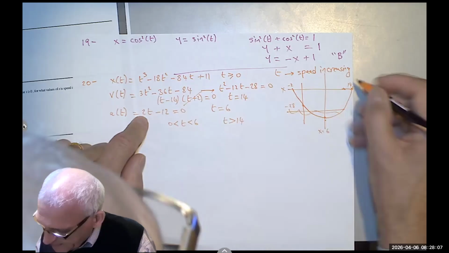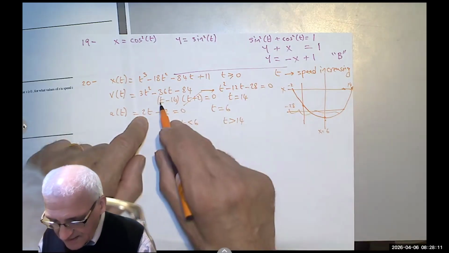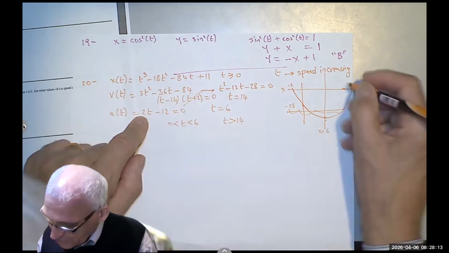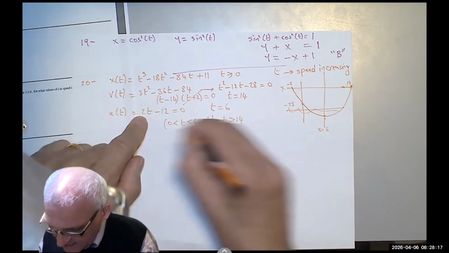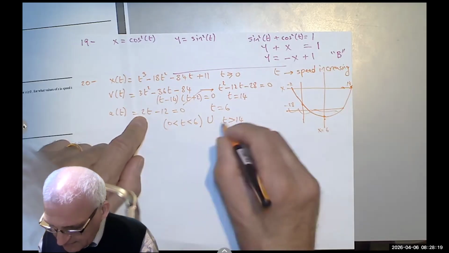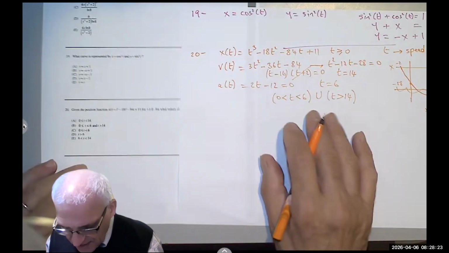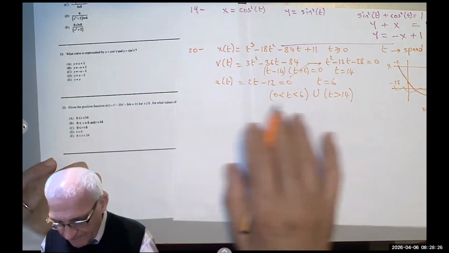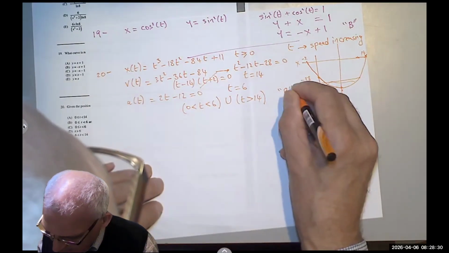And we know that the velocity after 14 would be positive, right? So both of them are positive, and that would be the answer. t is between 0 and 6 union t greater than 14, which is B. So this answer is B.